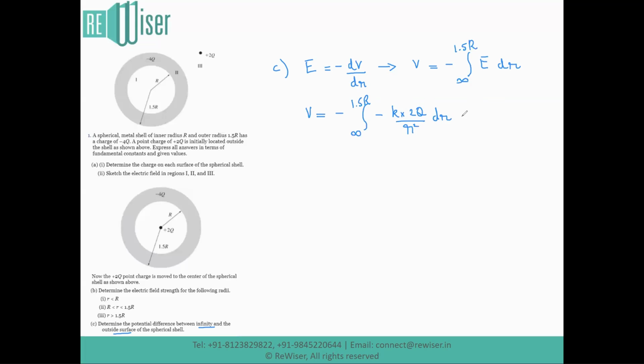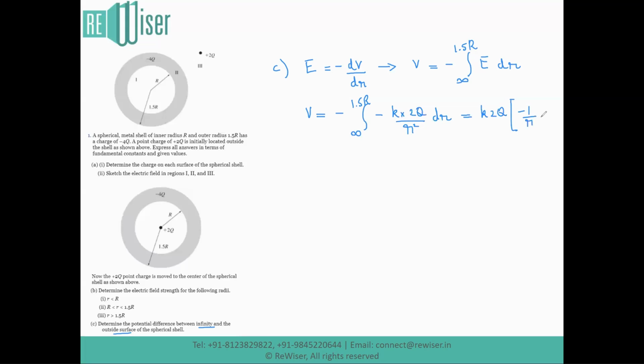Here the constants K and 2Q come outside the integration. The limits of integration are still applied for 1 by r square. And we know that the integral of 1 by r square is minus 1 by r.